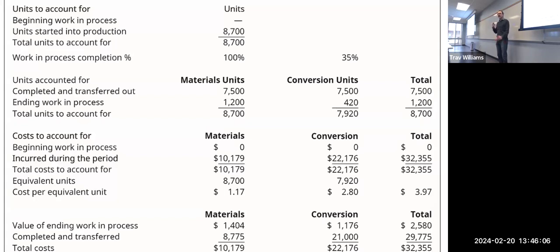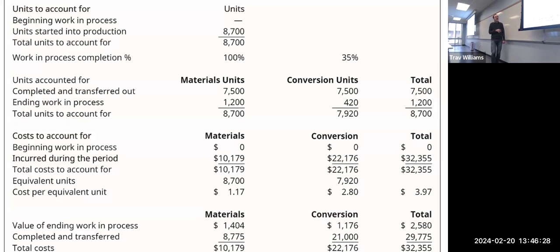We need a number. And then we can add that equivalent units for conversion to the 7,500 that were completely converted to get our total equivalent units for conversion. Okay. Everybody following along, kind of, sort of?